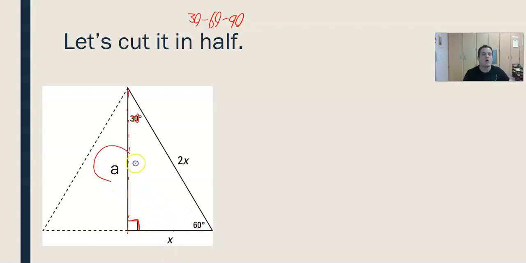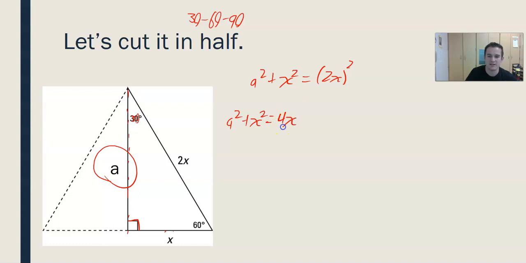Okay, now we're going to solve for this other side in terms of x. So I'm going to use the Pythagorean theorem again. This side squared plus this side squared equals this side squared. So a squared plus x squared equals (2x) squared, which is a squared plus x squared equals 4x squared.